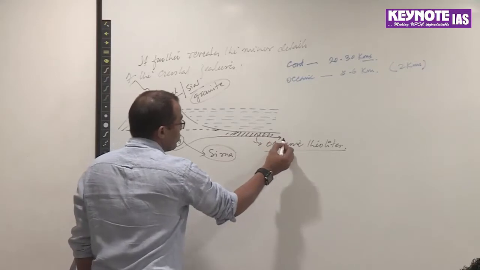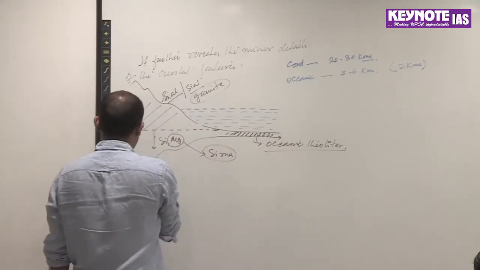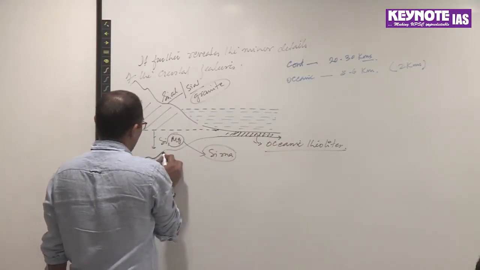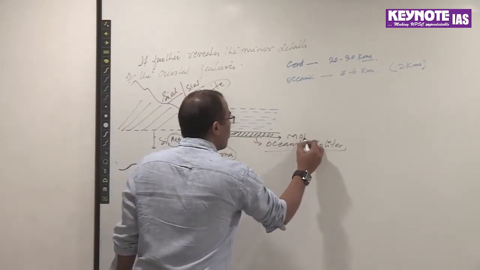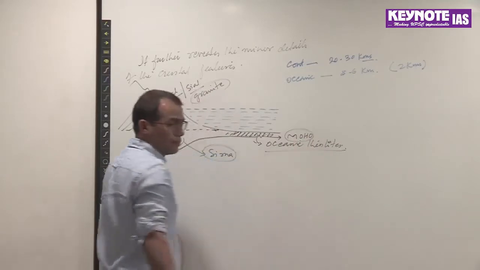This is the discontinuity between crust and mantle. And this is what we call Moho discontinuity.